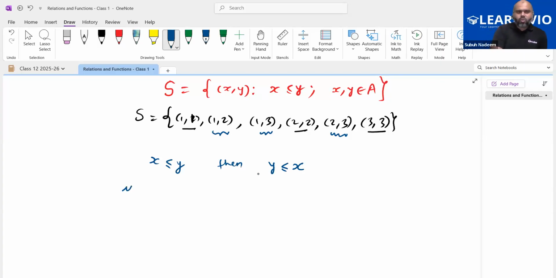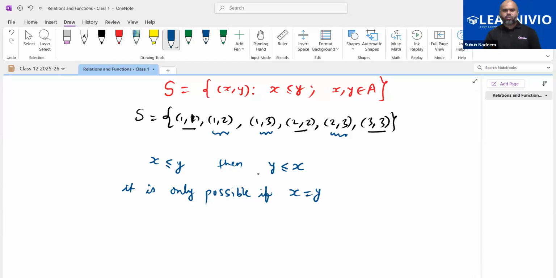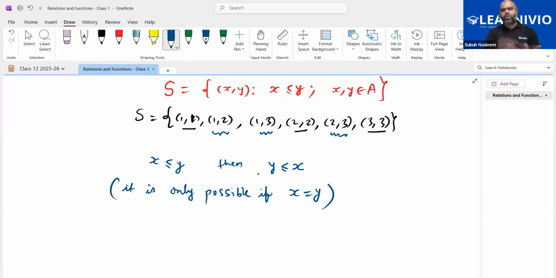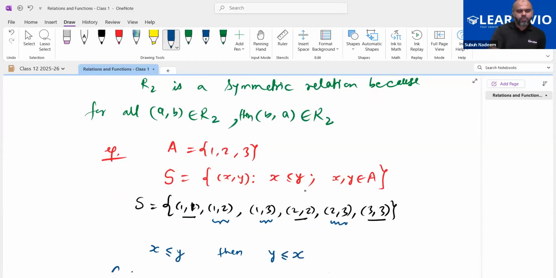It is only possible if x and y are equal, like 1 comma 1. Otherwise, if x is not equal to y, then either x is less than y or y is less than x. Both can't be possible. One number is smaller than another, then the other number is also smaller than the first, that is not possible. So we say that this is not symmetric.